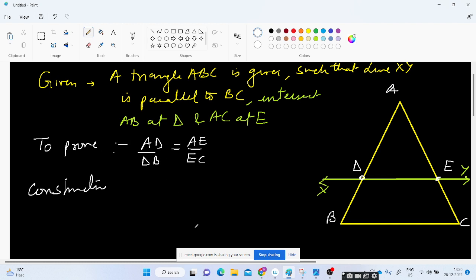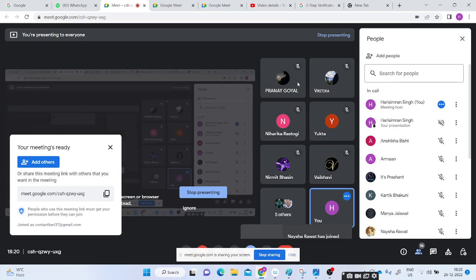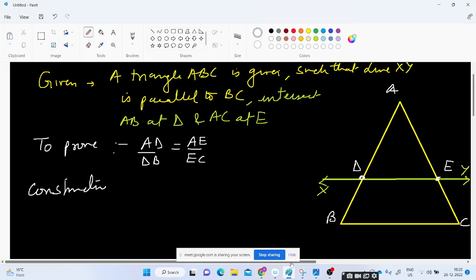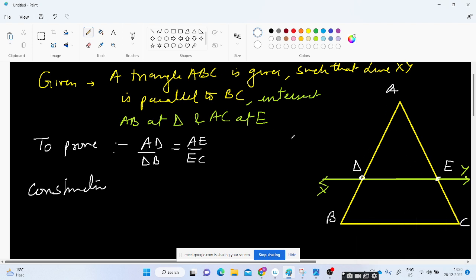You have to draw perpendiculars from D on AE and from E on AD, and you also have to join BE and CD.